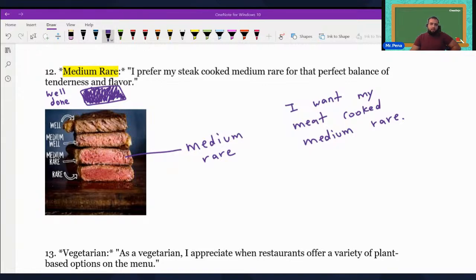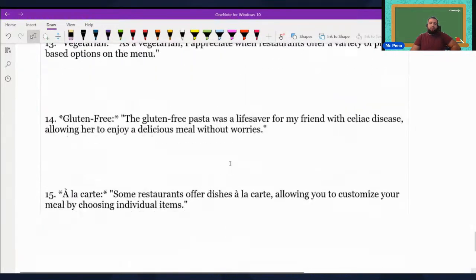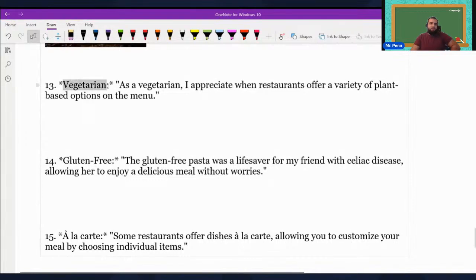So, English language. We are practicing the English language. Here are 15 more vocabulary words. Vegetarian. Let's go over the word vegetarian.